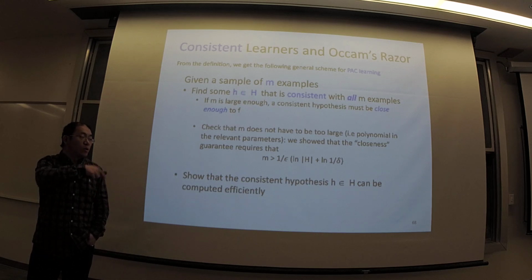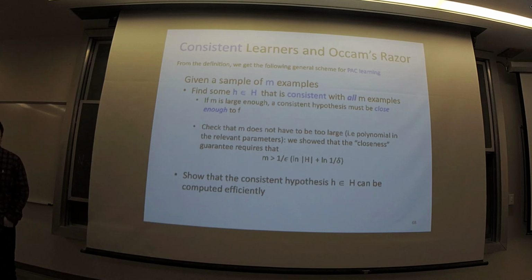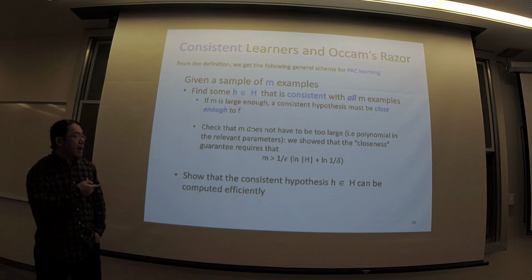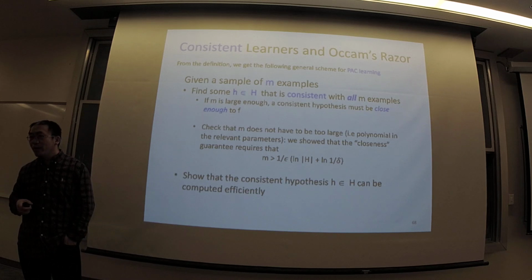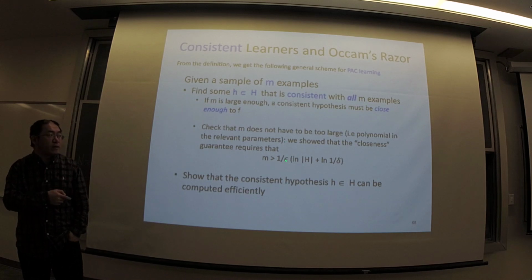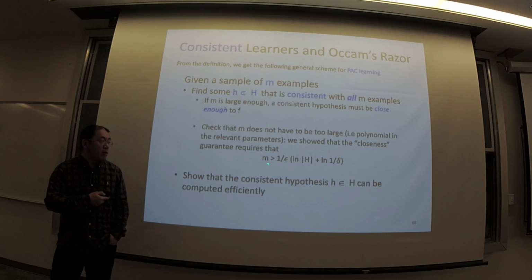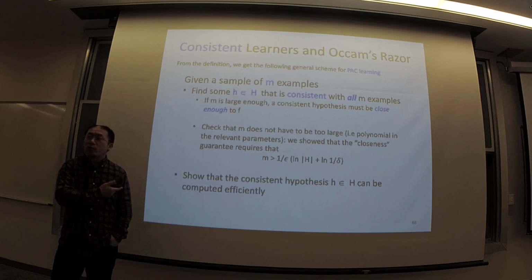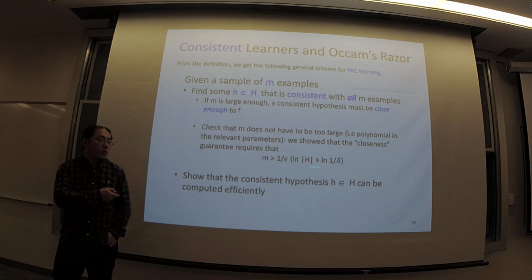So you can just look into this bound. You also need to check whether M is too large. Remember from the definition of PAC learnability, we want M to achieve the specific level of epsilon and delta. M must be polynomial in 1 over epsilon, 1 over delta, the size of H, and the number of features. From this bound, we say this bound is very friendly. It's already polynomial in all those numbers.